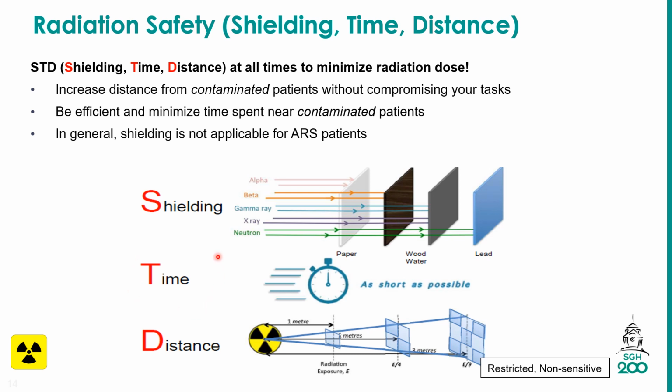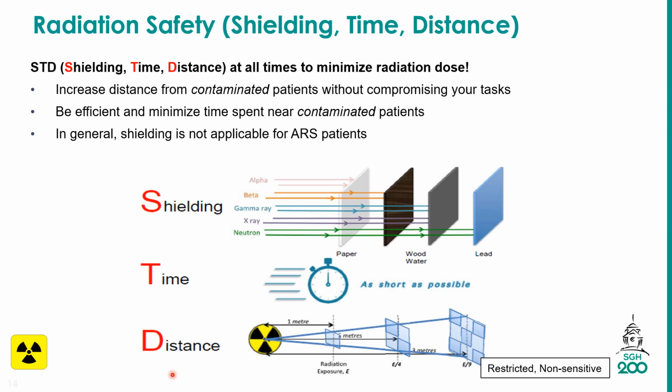You want to reduce the time, to reduce the radiation exposure that you will receive from a patient who is perhaps internally contaminated with radioactivity. The other way is distance. Distance is a very economical way of reducing our radiation exposure. If you increase the distance by 2 times, the radiation exposure actually drops by a factor of 4.